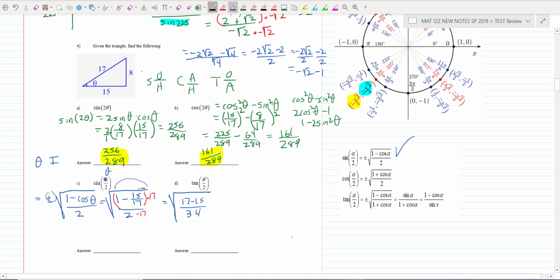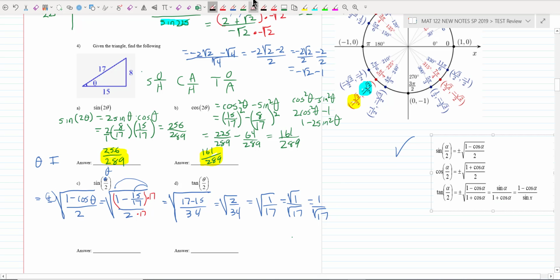So you're doing the distributive property when you do that. So that would be the square root of 2 over 34. 2 over 34 reduces down to 1 over 17. You can take the square root of the top and bottom, so you would get 1 over radical 17, and then you really should rationalize your denominator to get that final simplified result.